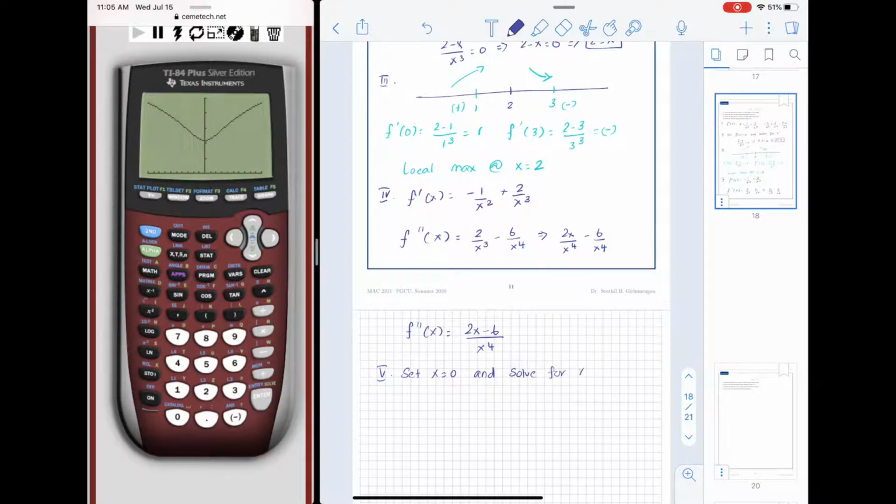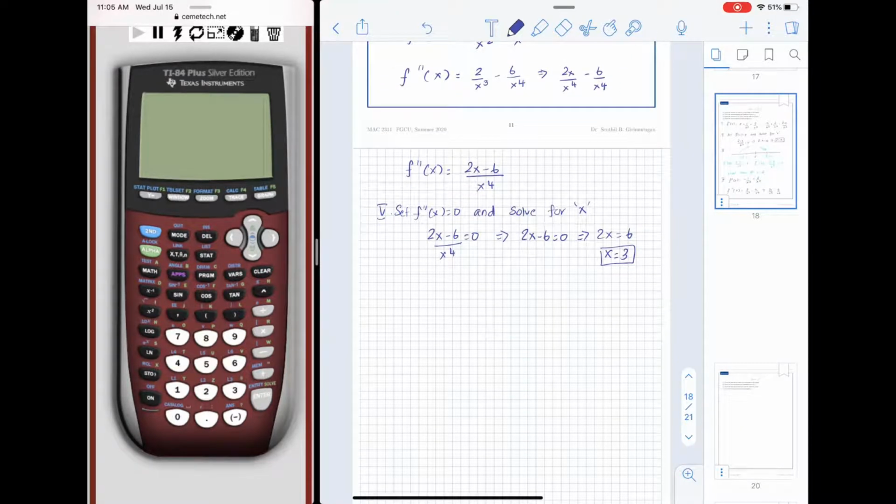And that would give us the point of inflection. So set f double prime of x equal to 0, which would imply 2x minus 6 is equal to 0, 2x is equal to 6, so x would be equal to 3.